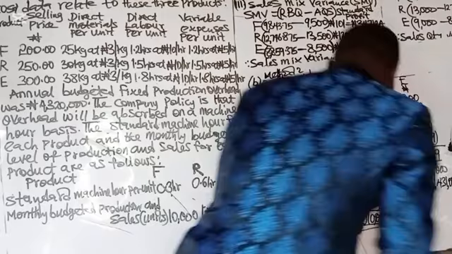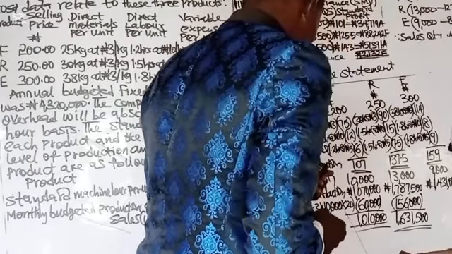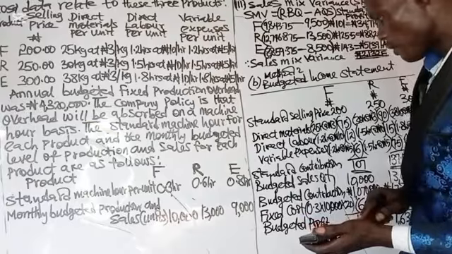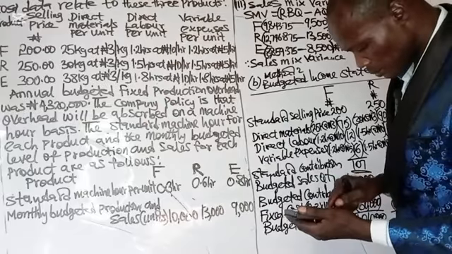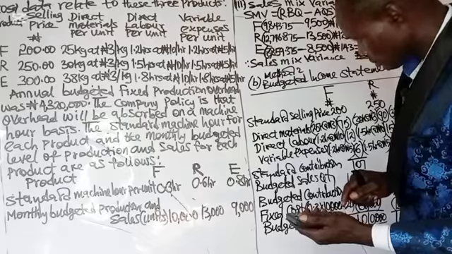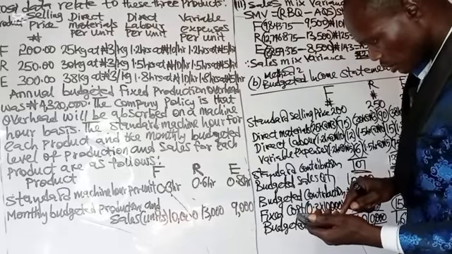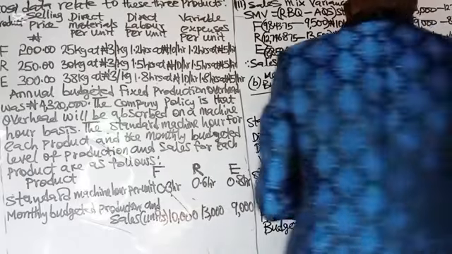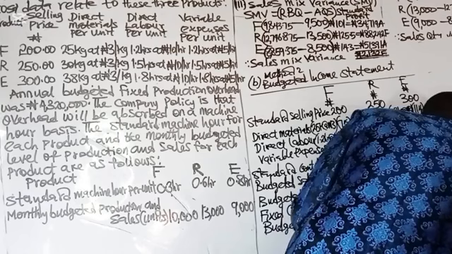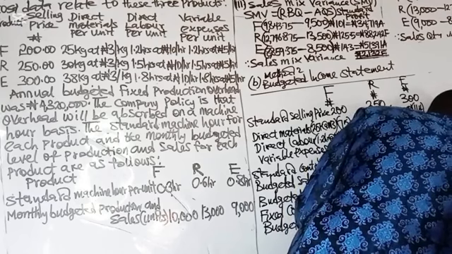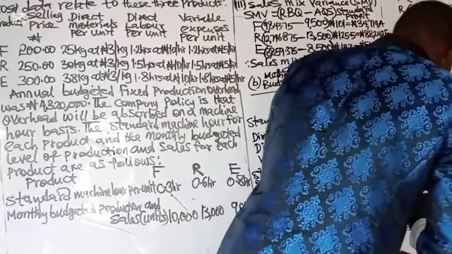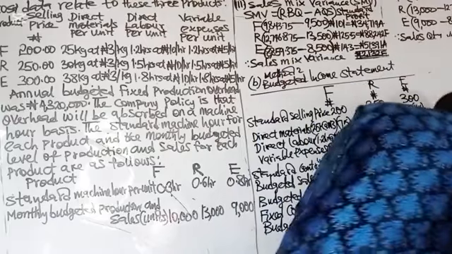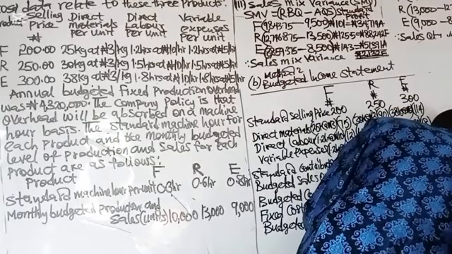That is the budgeted profit for R. For E, we have 0.8 times 9,000 times 20. That gives us 144,000. You subtract 144,000 from 1,431,000. Then you have 1,287,000.